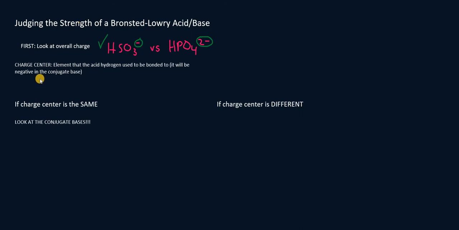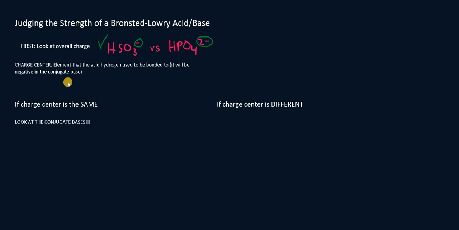The charge center is simply the element that the acidic hydrogen used to be bonded to. And the acidic hydrogen is simply the hydrogen that pops off when you go through your reaction.